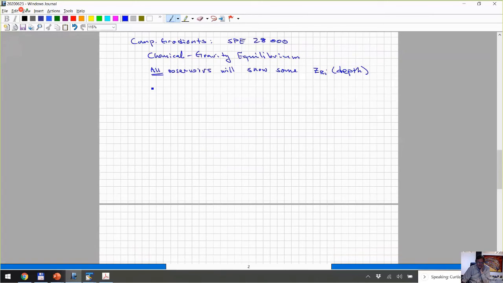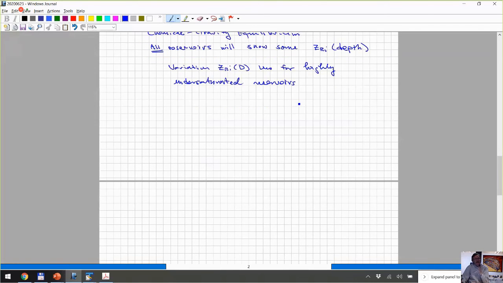Now, the variation in that composition with depth will be less for highly undersaturated reservoirs than near saturated, okay? Saturated or near saturated.